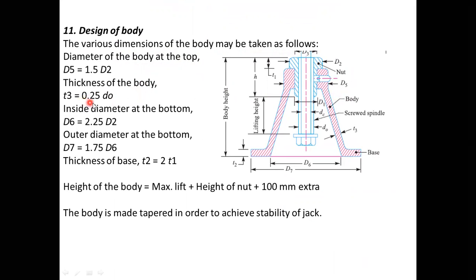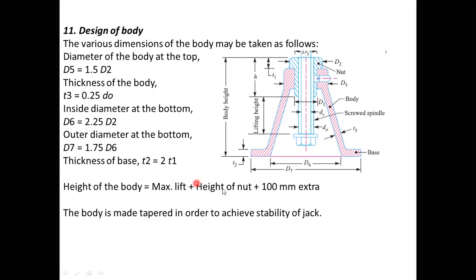It is given by T3 equal to 0.25 times d0. Inside diameter at the bottom, D6, is given by the formula 2.25 into D2. Outer diameter at the bottom, D7, is given by the formula 1.75 into D6.